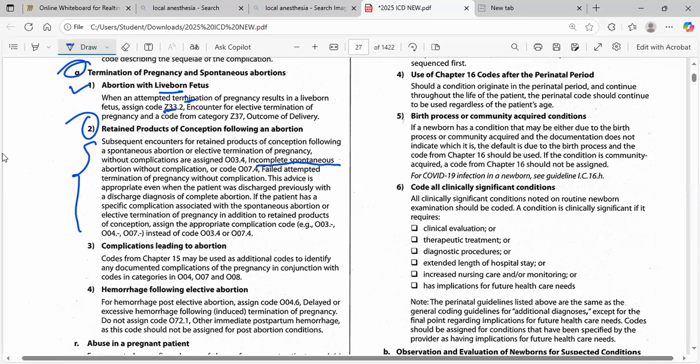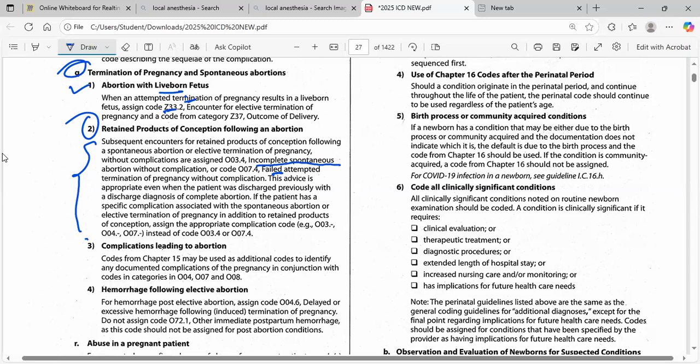If there is any retained product in an attempted or elective abortion, you are considering it as a failed termination of pregnancy. So if there is any retained product of conception, you are going to use a code from the incomplete section of the spontaneous abortion or the failed section of the elective abortion, because there is still retained product of conception in the patient's body.